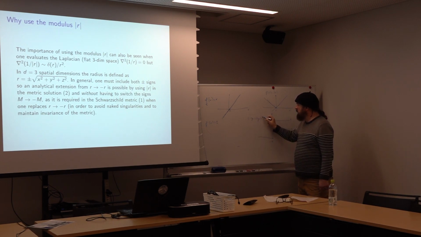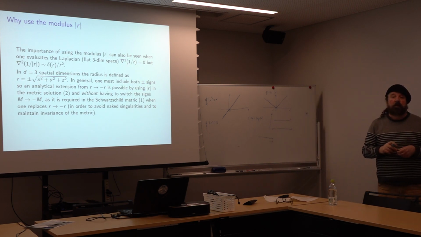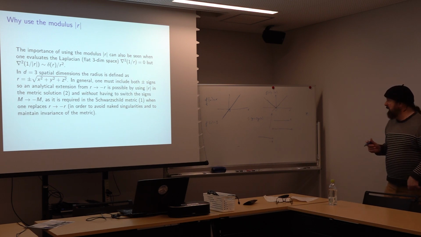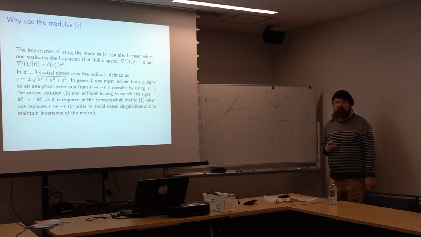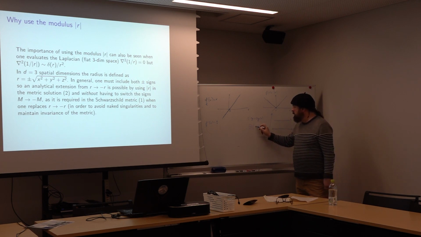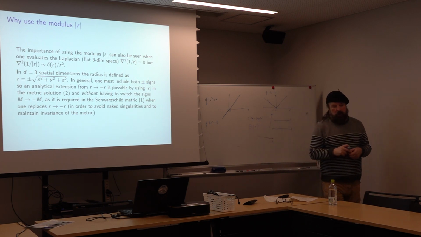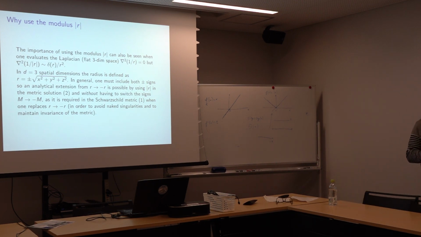Are you familiar with the sign function? The sign function is equal to 1 for positive values, negative 1 for negative values, and 0 when r equals 0. This is also called the step function, the Heaviside step function, where the values are 1 for positive values, negative 1 for negative values, and 0 when r equals 0.